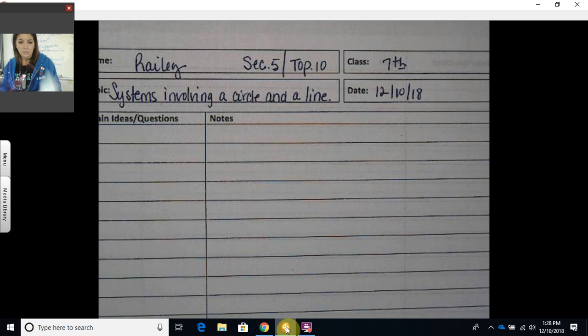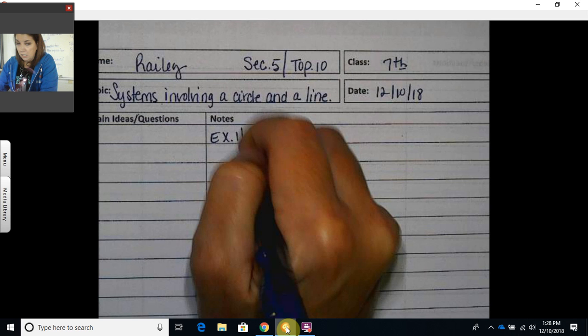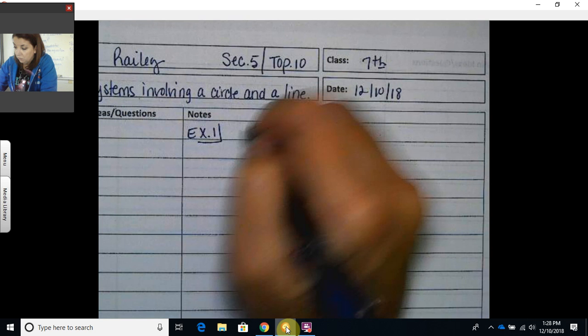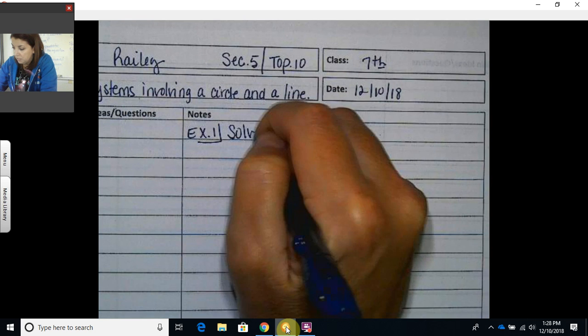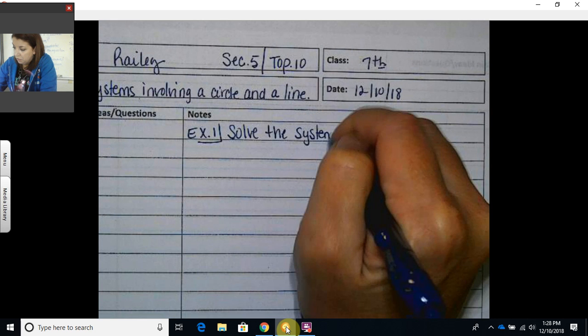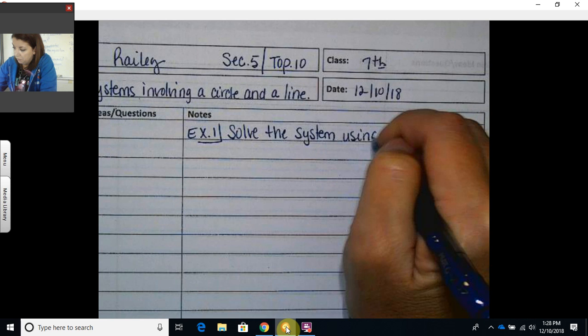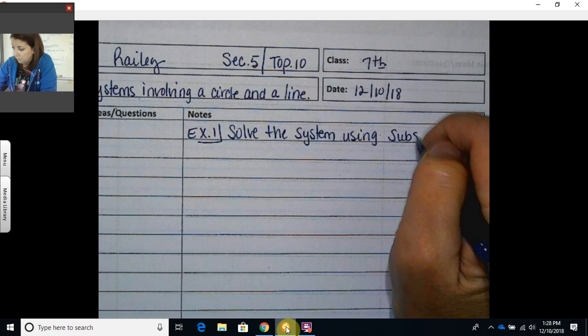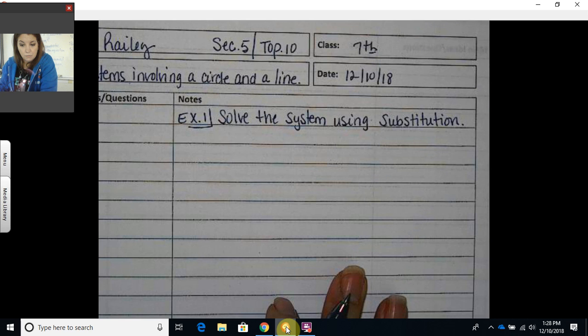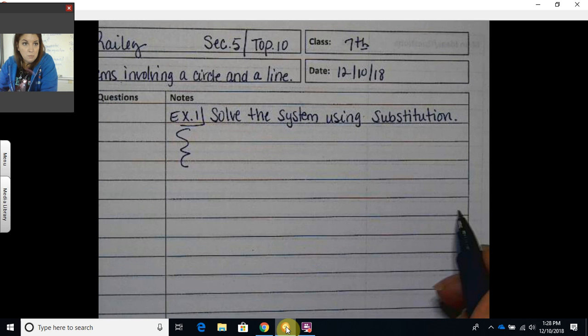All right? So, example 1. The method that I'm going to teach you today is using substitution. So we're going to solve the system using substitution. So remember, when we have a system, it's more than one equation.